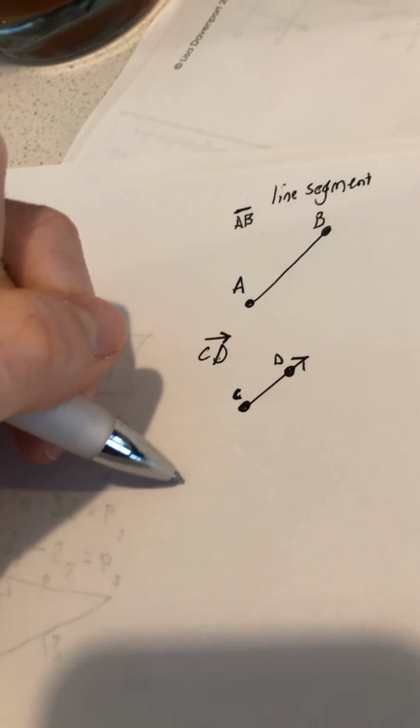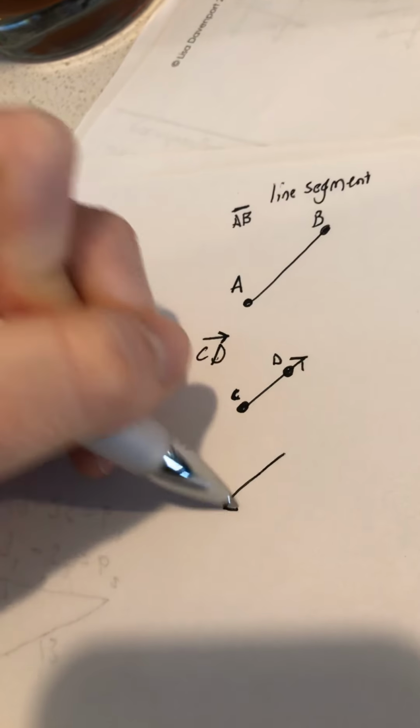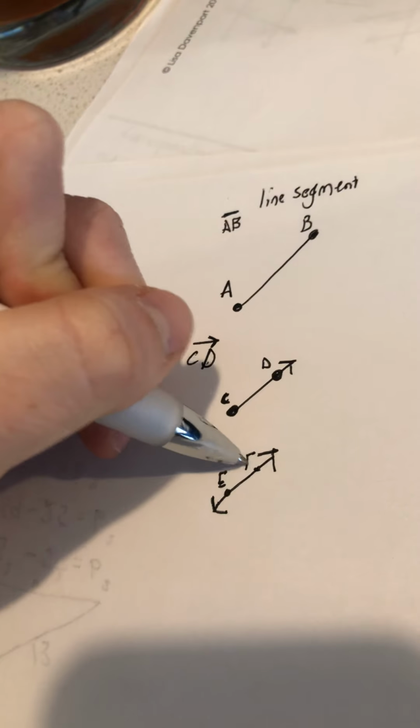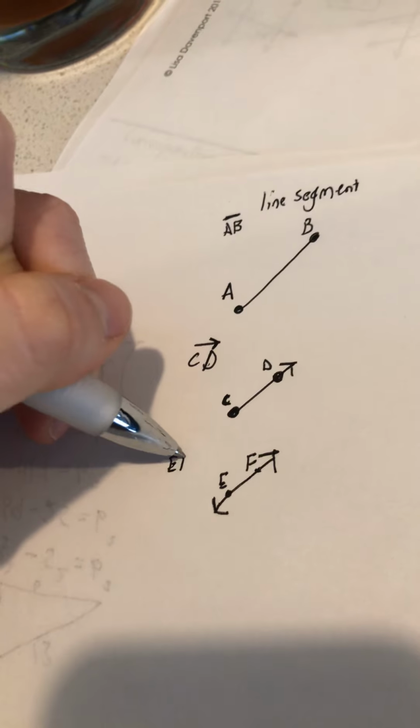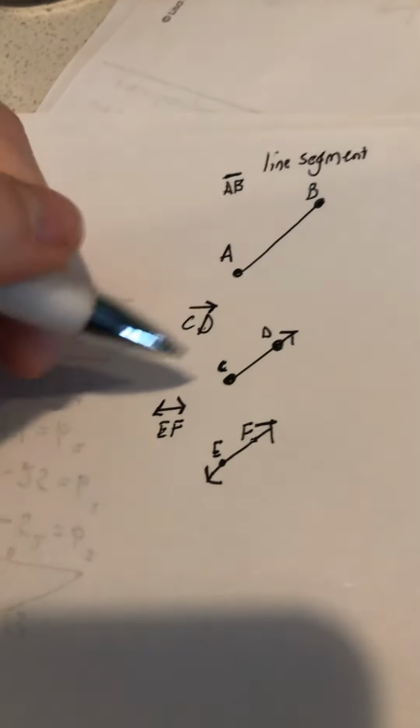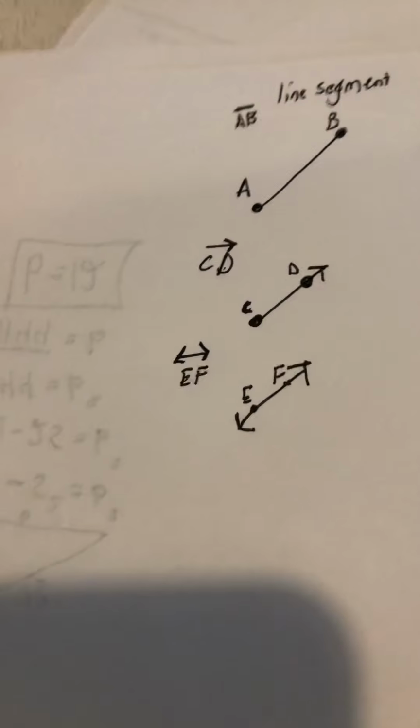And then there's a line. A line continues on forever and ever in both directions. So E, F. And that's denoted by little lines over it with arrows on both sides, because that's what a line has.